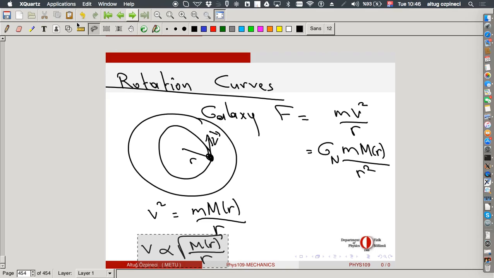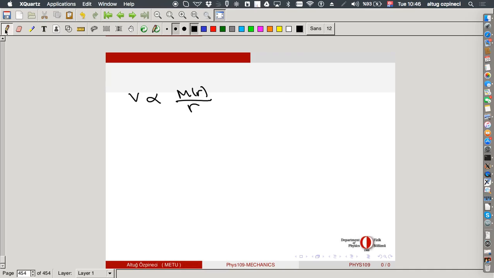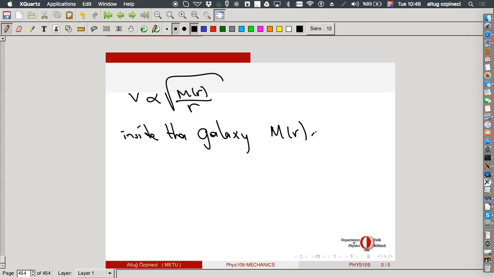So inside the galaxy, M(r) is more or less proportional to r cubed.